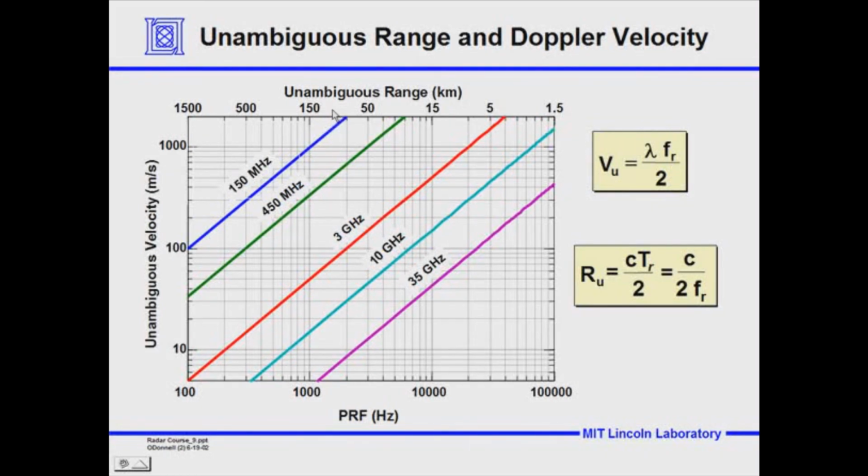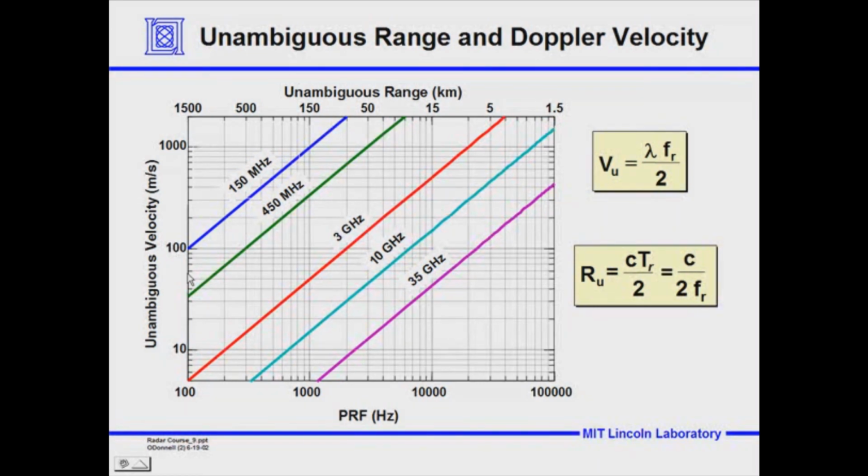First, let's look at an air traffic control radar and say we want an unambiguous range of a little below 150 kilometers, and that corresponds to a PRF of about 1,000. If we build the radar at 3 gigahertz, that means we're going to have on the order of 250 meters per second of unambiguous velocity, which is about 100 miles an hour.